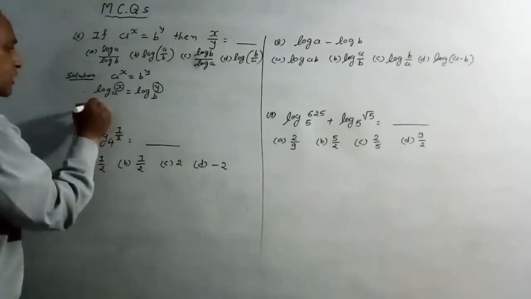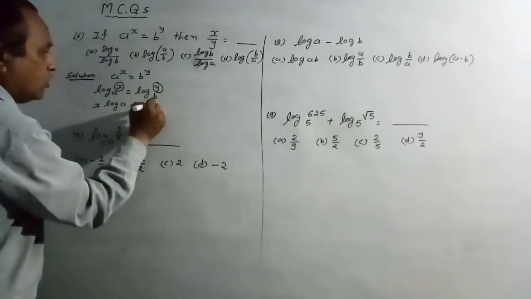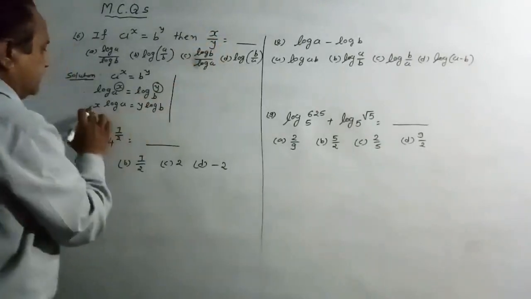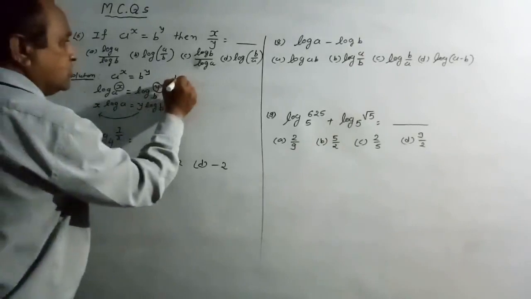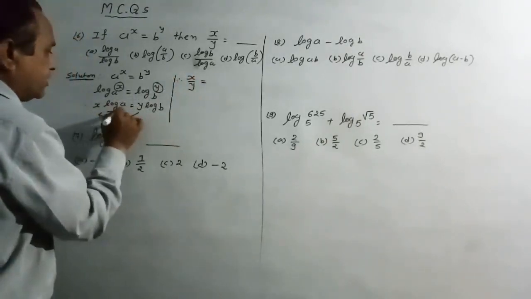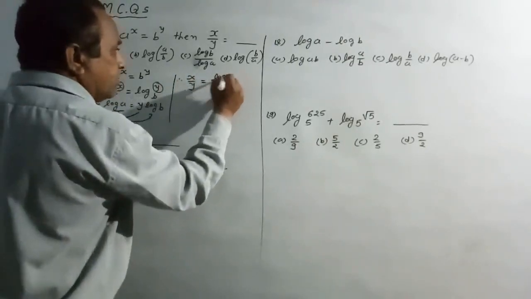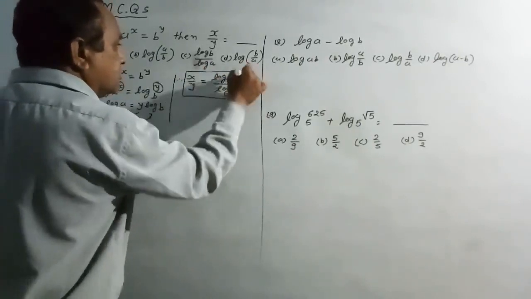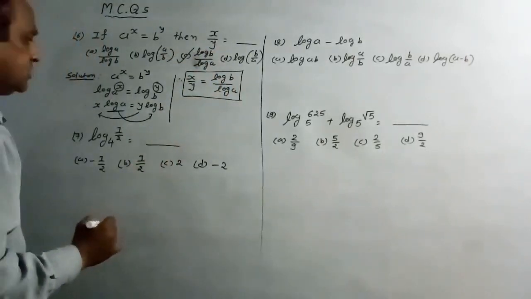Then they go to multiply: x log a is equal to y log b. Now for x by y, multiply y here and divide on the other side. So x by y is equal to log a multiplied here, divided on the other side, then log b by log a. That is our answer. Log b by log a, option number C.